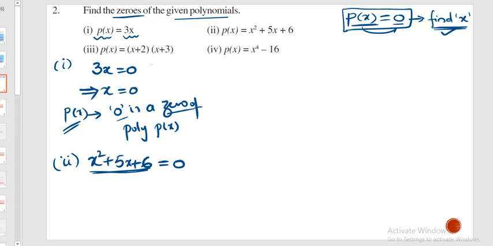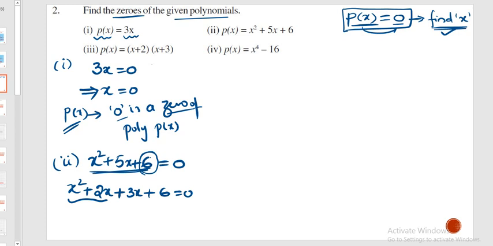This quadratic polynomial I need to split, so I need to factorize using the splitting method, right? So x square plus, what are the factors of 6? Factors of 6 are nothing but 2 and 3. In the middle you have 5x, so I can write it as 2x plus 3x plus 6 is equal to 0.